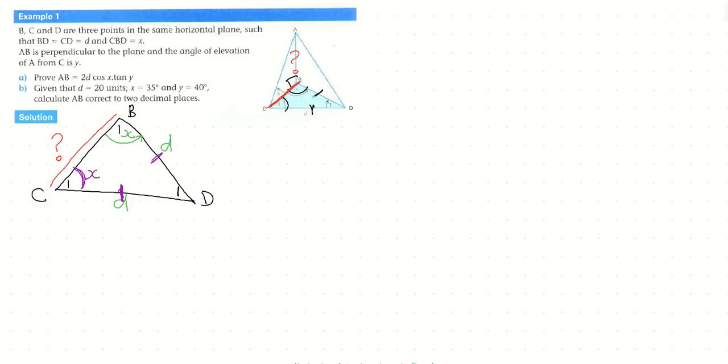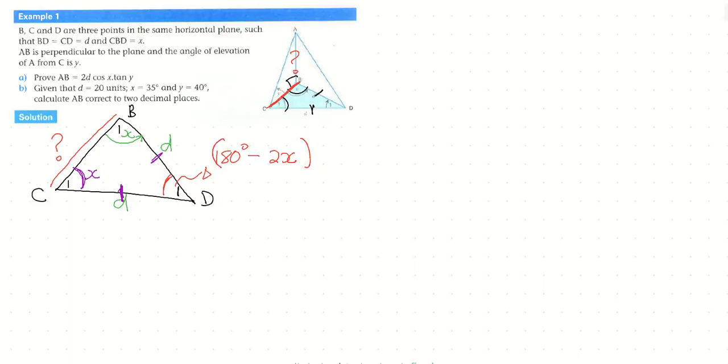But for me to know CB, I need to know what angle D is. And I can figure out angle D. Well, awesome. I know that inside a triangle, every angle adds up to 180 degrees. And I then inferred that angle C is x. Therefore, I know that that is 180 minus 2x.